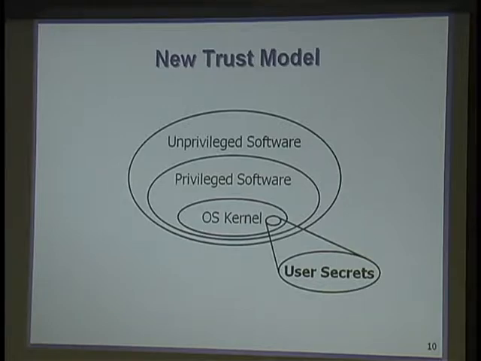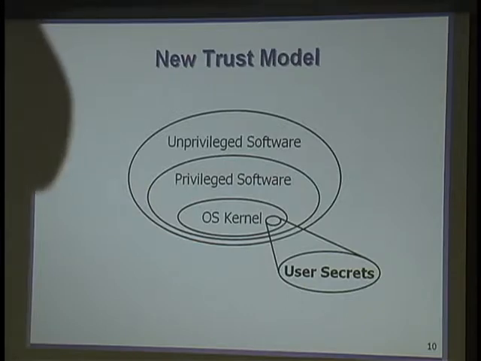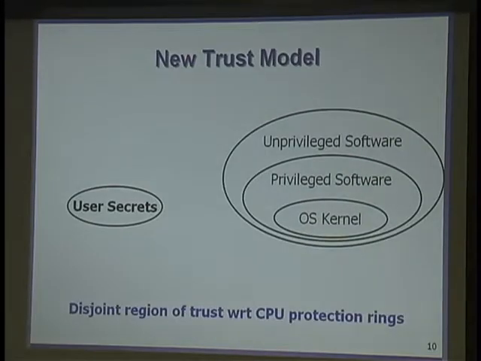Now, in the old model, you might put your secrets protected by the OS kernel, but since we don't trust even the commodity OS, we won't want to put our user secrets to be protected by the OS kernel. So we define a disjoint region of trust with respect to these standard CPU protection rings.